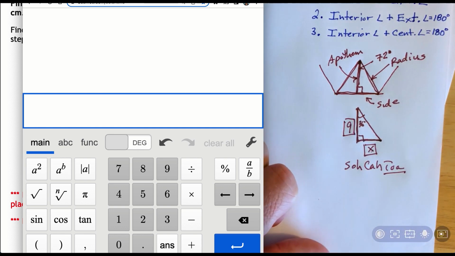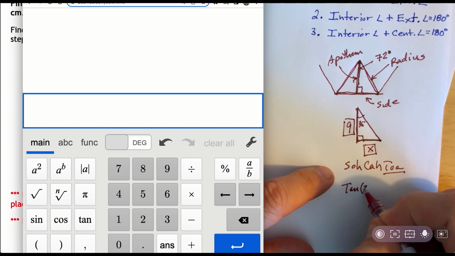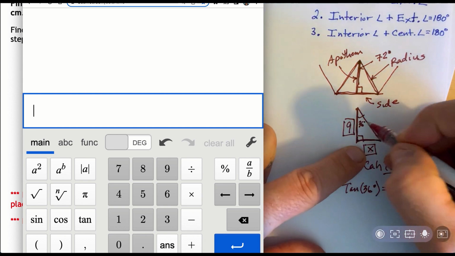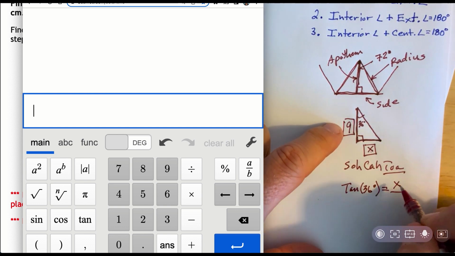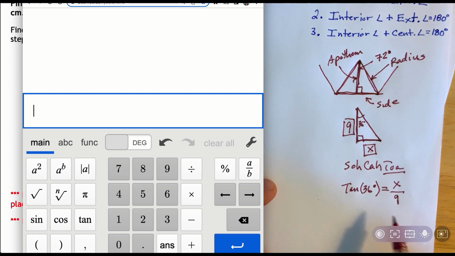The only one that deals with opposite and adjacent is TOA. That's tangent. So you're going to take the tangent of your angle, 36 degrees, and set that equal to the opposite side, x, straight across from your angle, over your adjacent side, in this case 9. Since x is on top, in this example, you're just going to multiply 9 times the tangent of 36.